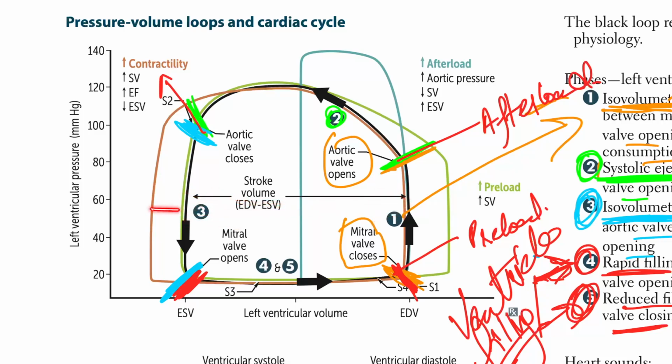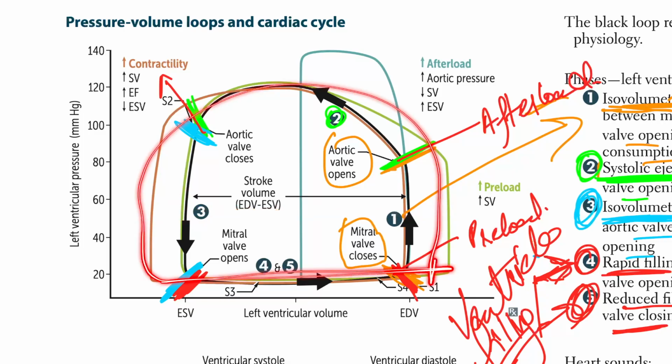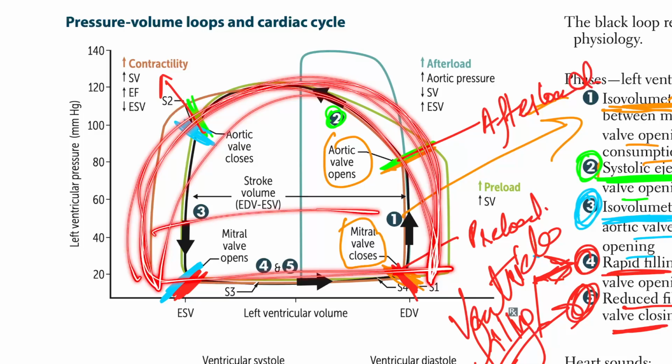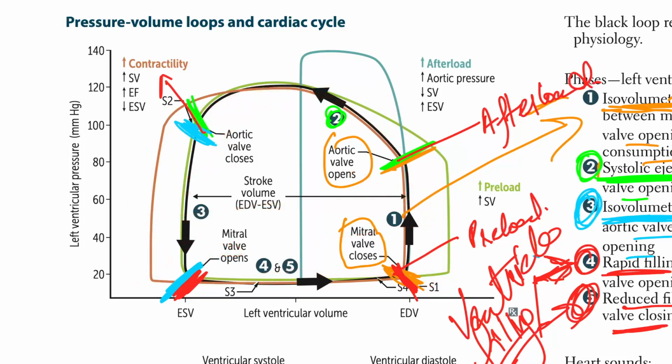So the bigger you have, let's say it's a D shape. The bigger the D shape, the more stroke volume you have. Why? Because that would tell us that you have more end systolic volume that has to be pumped out.